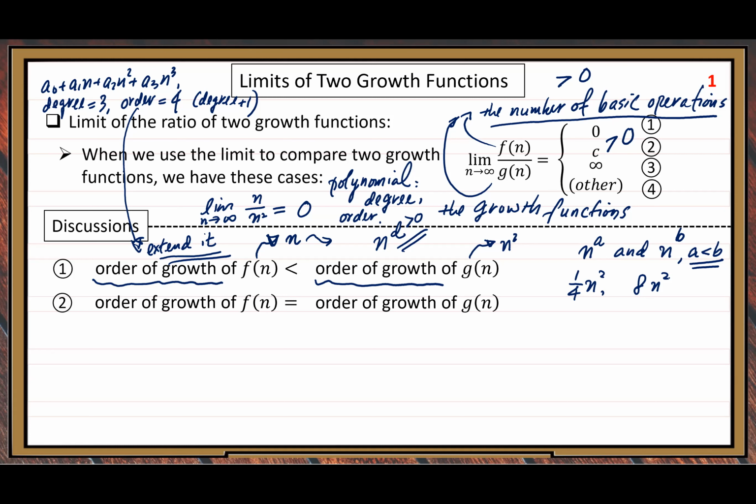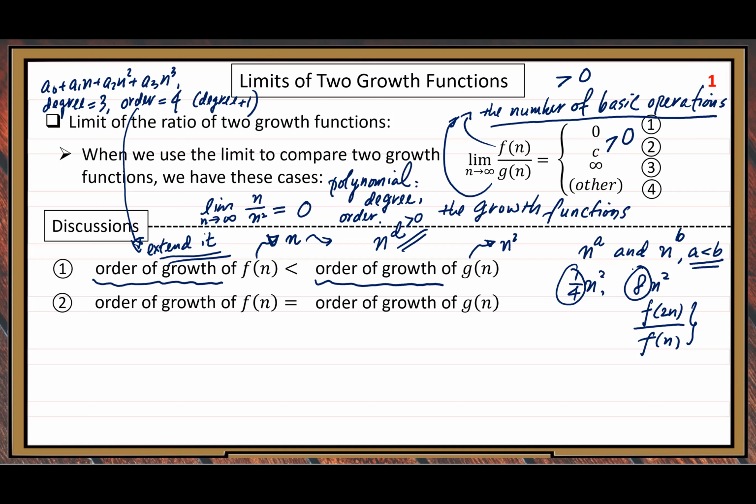Because last time we canceled out that constant. When we considered f of 2n, the ratio over f of n, that constant could be canceled out. So even if these two constants are quite different, that's not important.